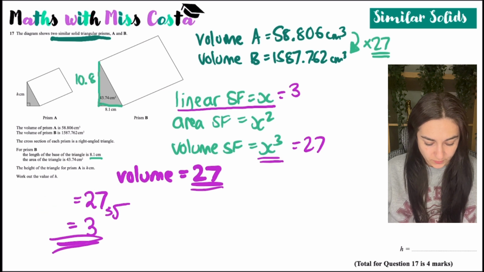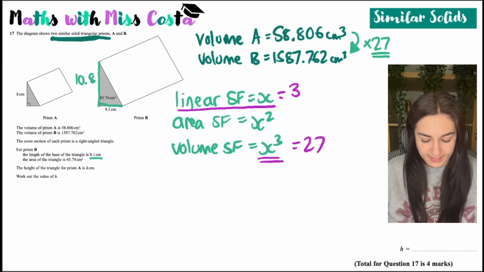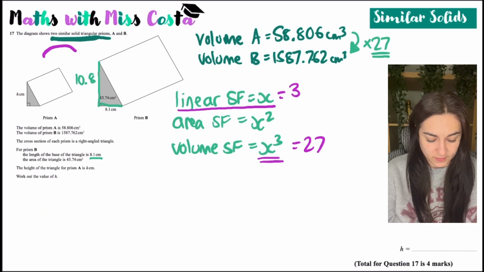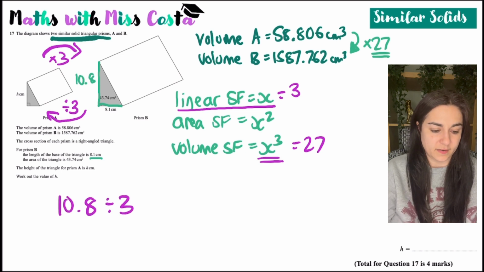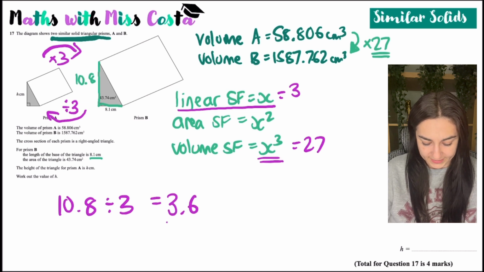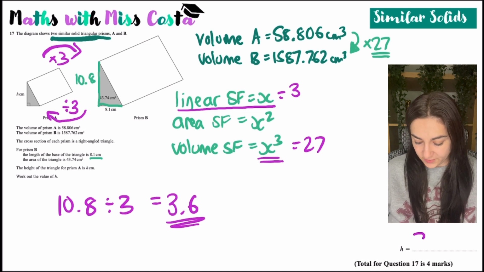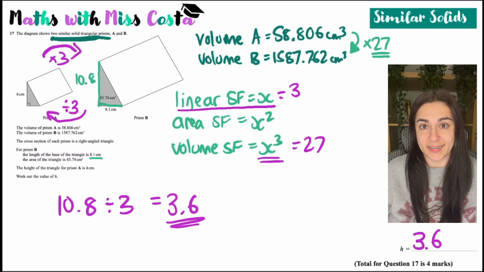Now, I know that to get from shape A to shape B, I'm going to have to multiply by 3. So to do the reverse, I'm going to have to divide by 3. So 10.8 divided by 3 gives me 3.6. So therefore, H would be 3.6.